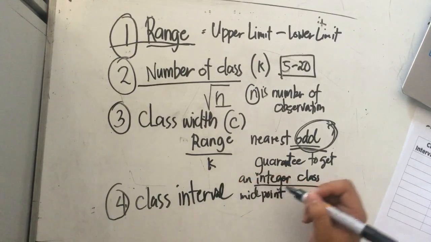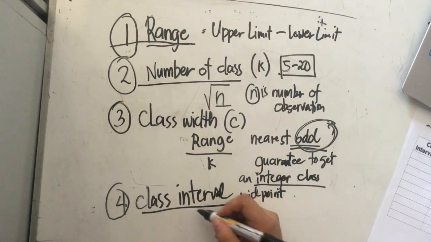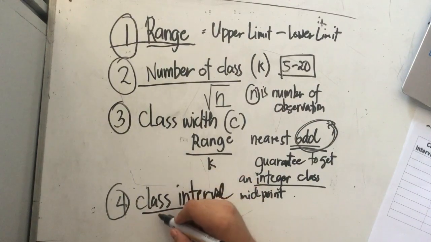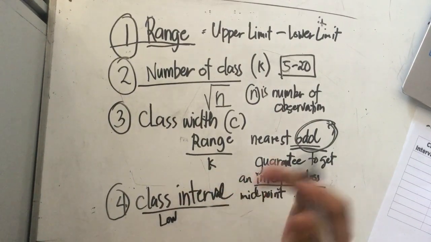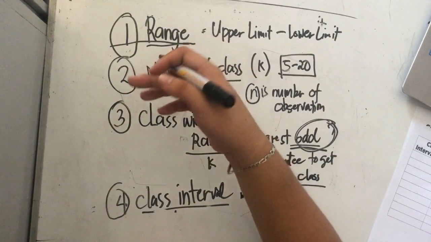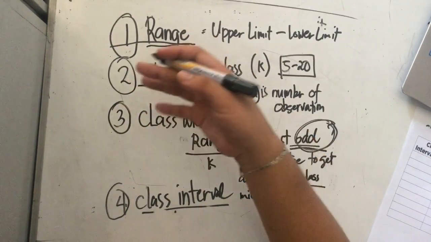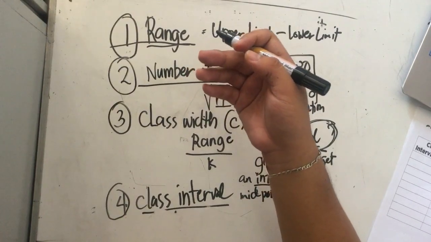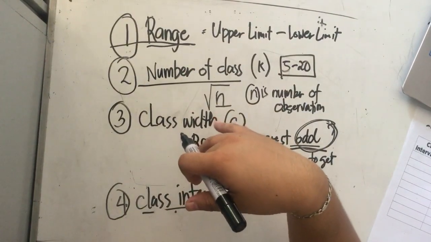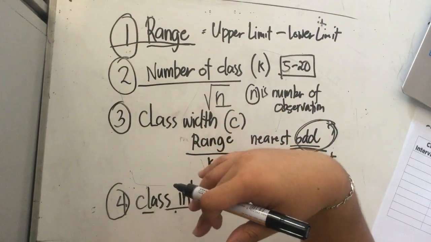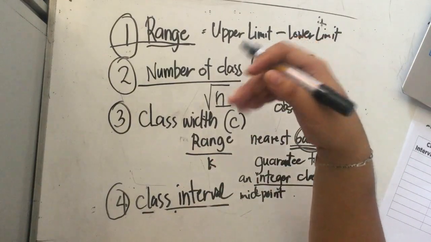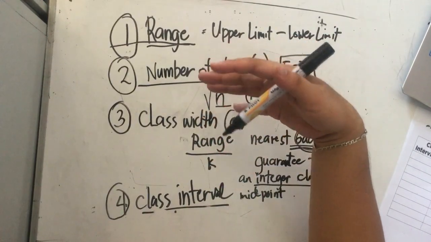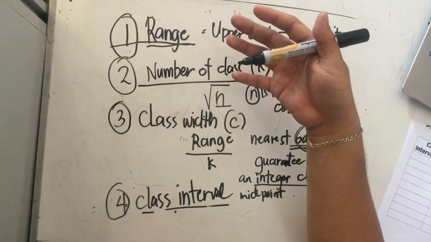Okay? So, in getting our class interval, meron tayong tinatawag na first, second, third lower limits, so on and so forth, kung gaano kataas yung data natin. Tapos meron tayong mga second upper limits.